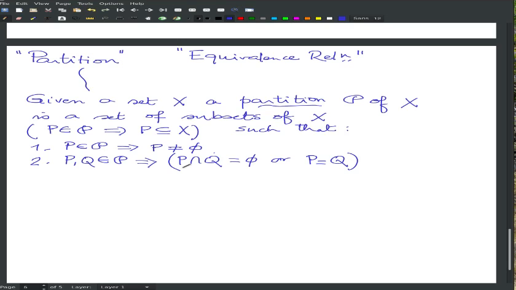Two such partitioning sets are either disjoint or the same. And the third one is the union of P. This is X. Obviously, I didn't define it completely. So what is this set?